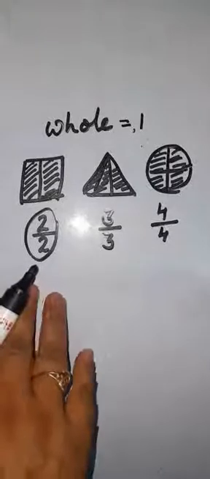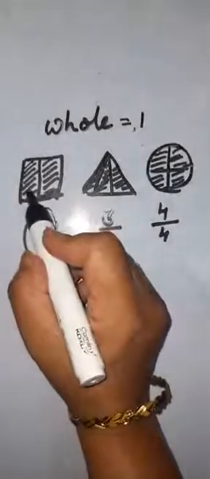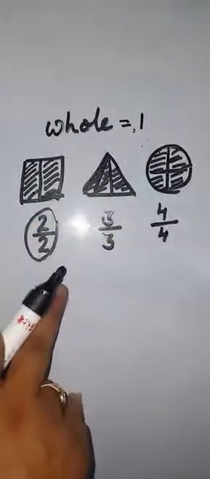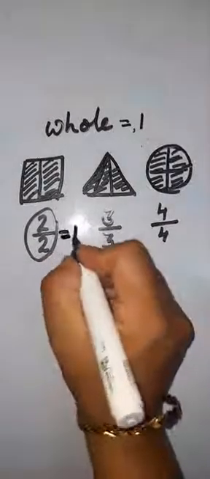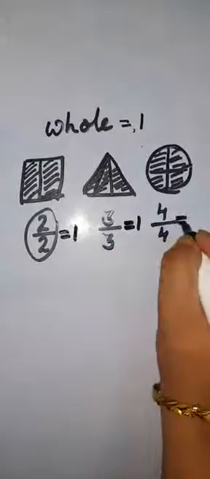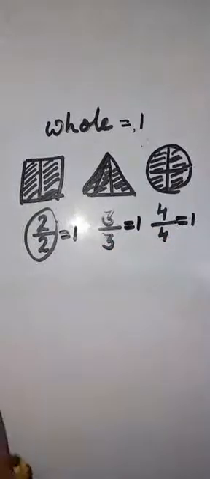It means that when the number of colored part or shaded part is the same as the number of equal parts, right? The fraction is equal to 1. ये किसके बराबर हो जाएगा? 1 के बराबर हो जाएगा. Why?